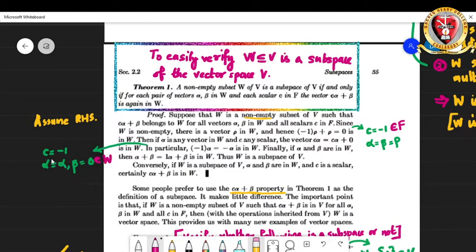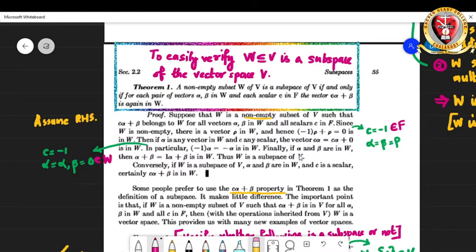So we are taking the C alpha plus beta property. That means minus 1 into alpha, since we have assumed that alpha is in W, plus, instead of beta, we are taking 0. So that means minus alpha is in W. That means for any alpha, there exists the additive inverse of alpha, that is in W.